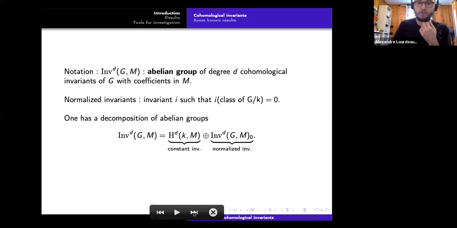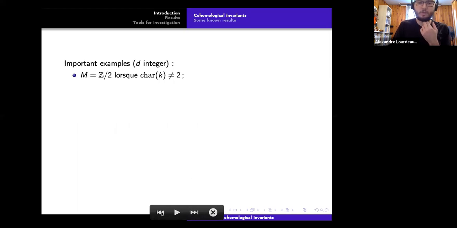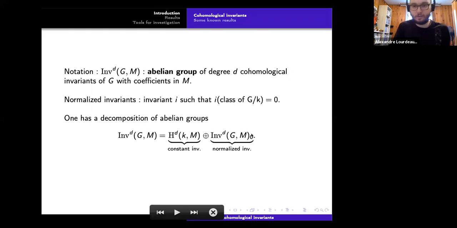It's not related to G. So in general, we forget it. I'll specify that for the normalized invariant subgroup, I put 0 here instead of the whole group.